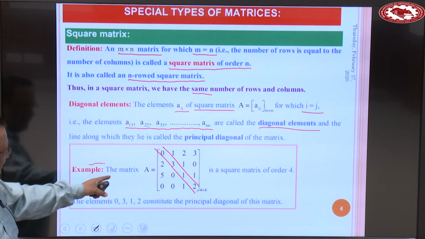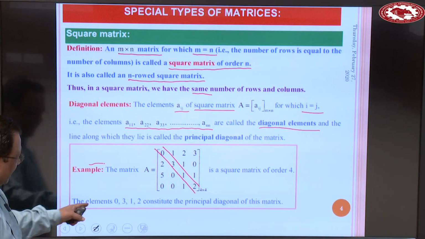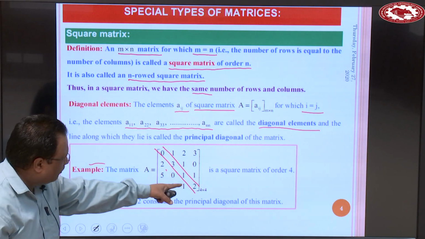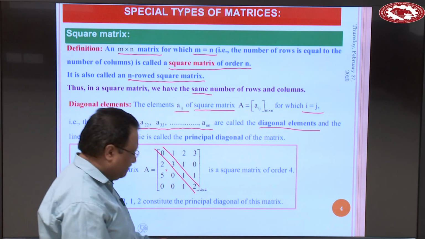So, for example, the matrix A is a square matrix of order 4. The elements 0, 3, 1, 2 constitute the principal diagonal of this matrix.